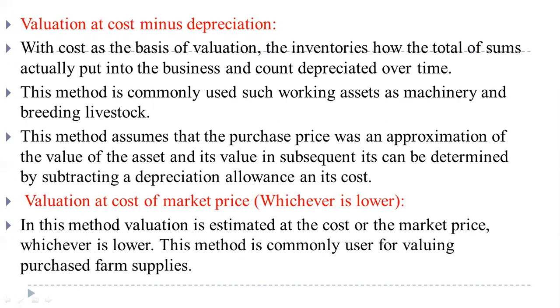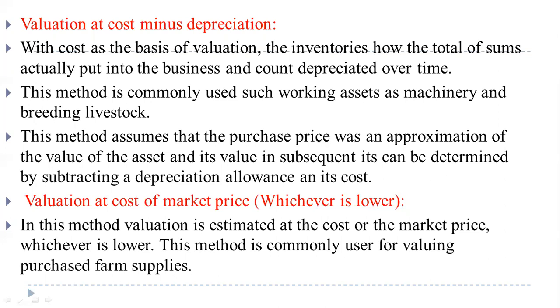Now, first one, what is valuation at cost minus depreciation? With cost as the basis of valuation, the inventory is the total sum actually put into the business and depreciated over time. So with the help of this, we can take the valuation.